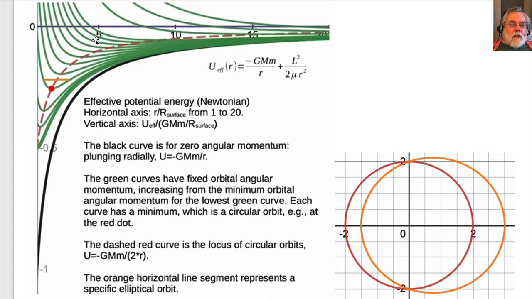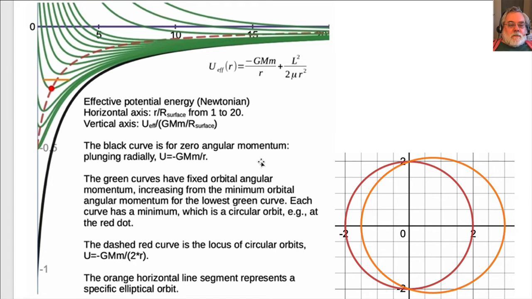So the horizontal axis doesn't go all the way to 0, it goes to 1. The vertical axis is the effective potential energy divided by the potential energy at the surface of the larger object. So U effective over GMm divided by r surface.